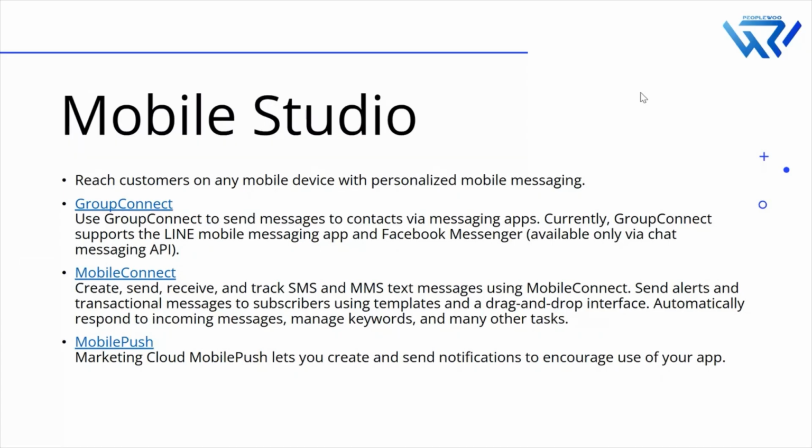These communications can be sent by Automation Studio, or via Journey Builder, because not only email as a messaging activity, we have mobile messaging activities as well in automation or Journey Builder. Mobile Studio requires a different infrastructure altogether.